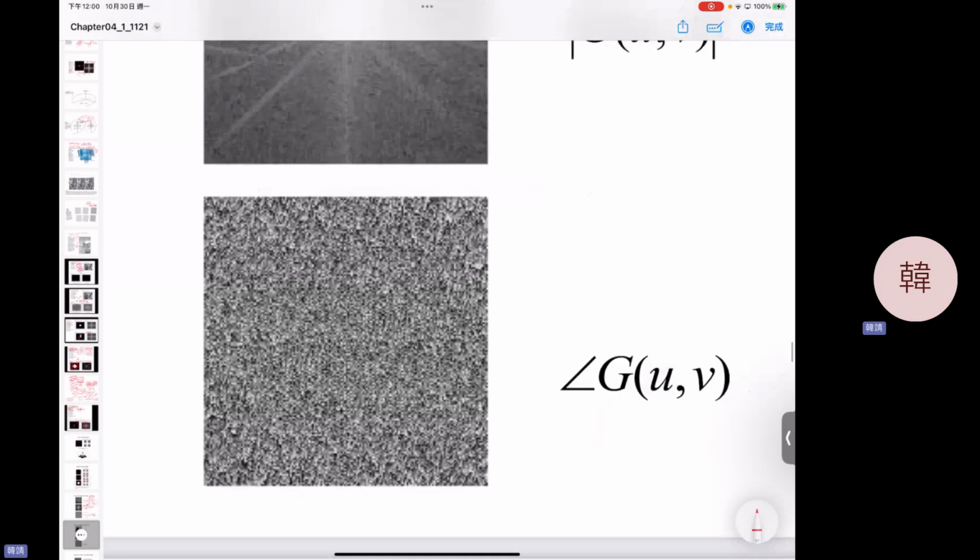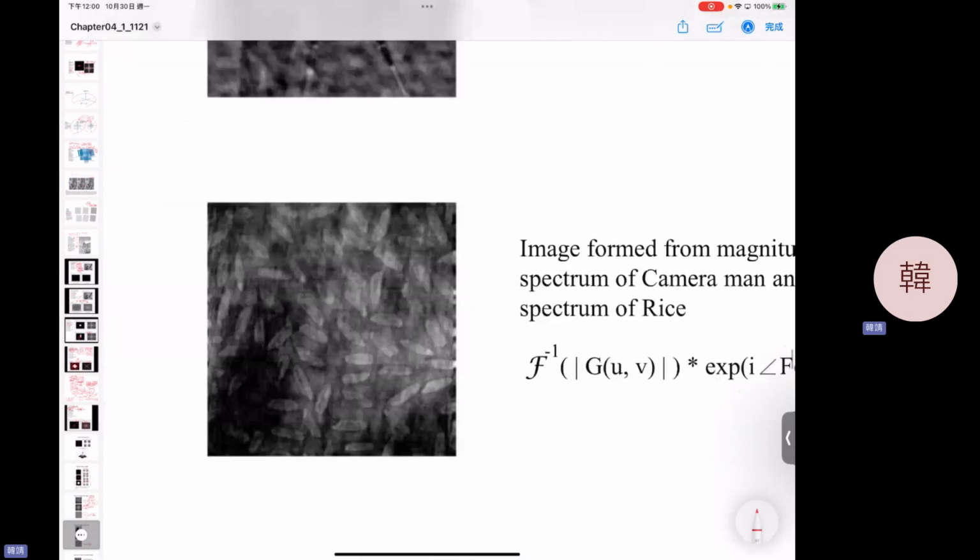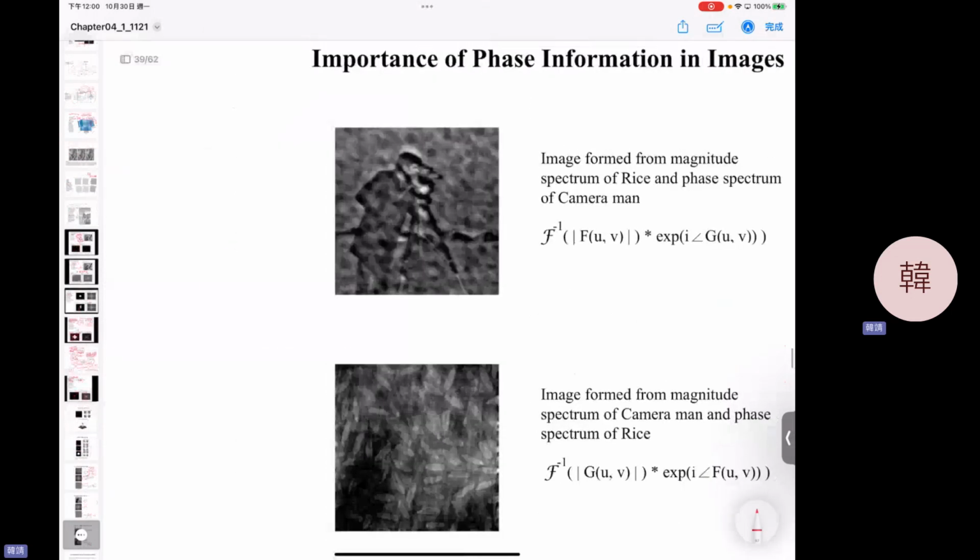But for the phase spectrum, you know it's just the arctangent of imaginary divided by real part. If you use the wrong phase spectrum, the result will become a disaster.